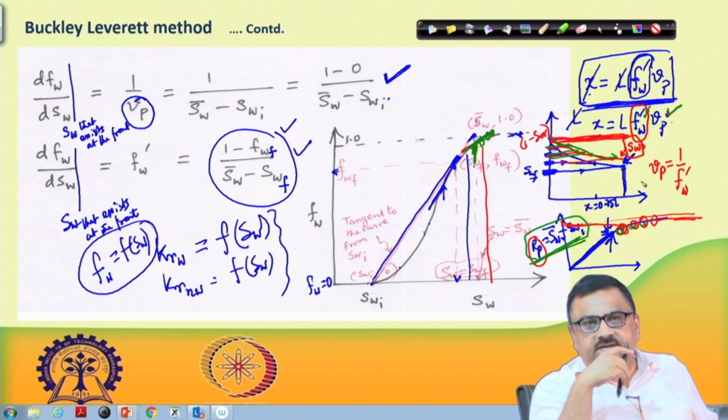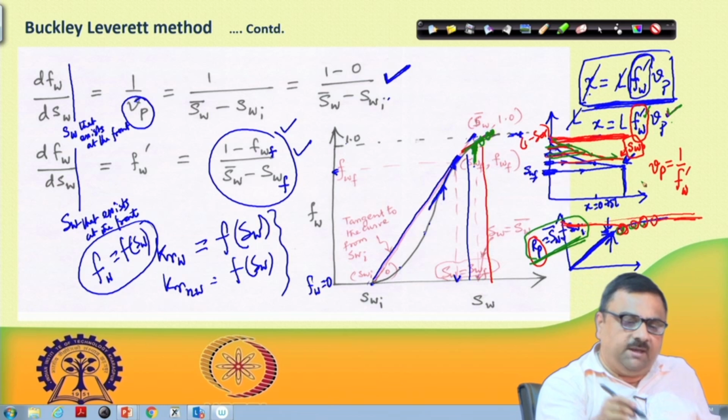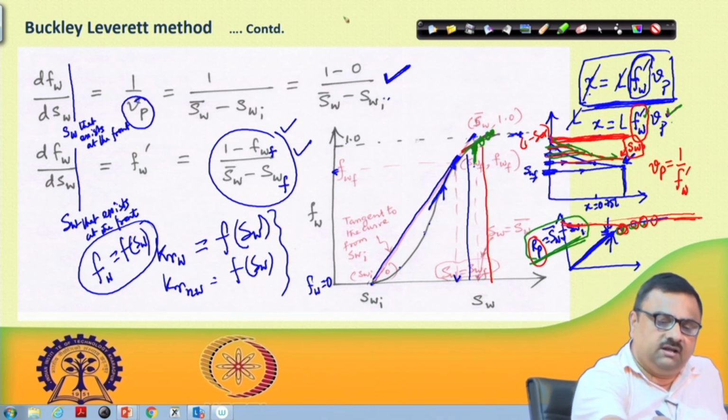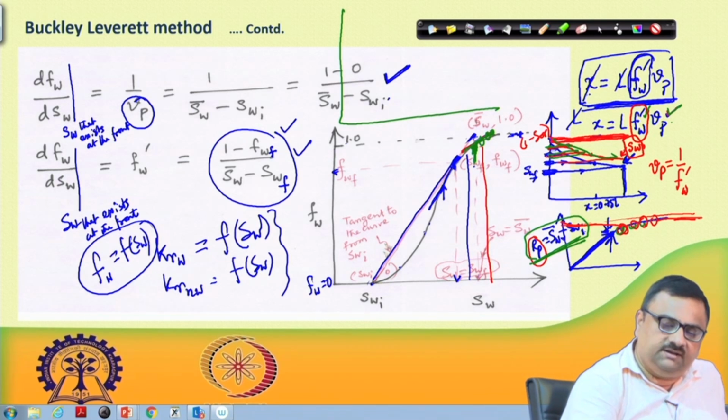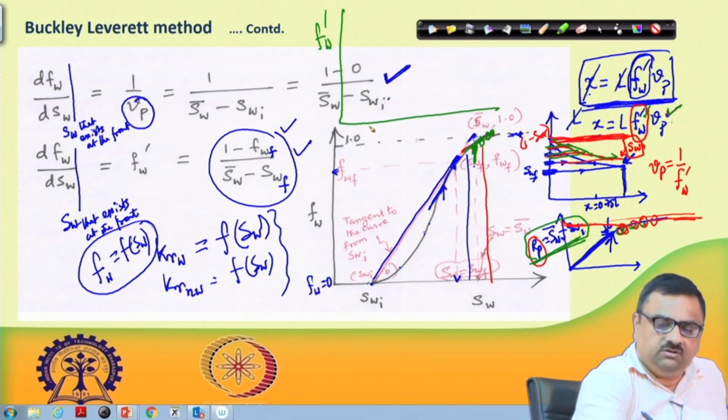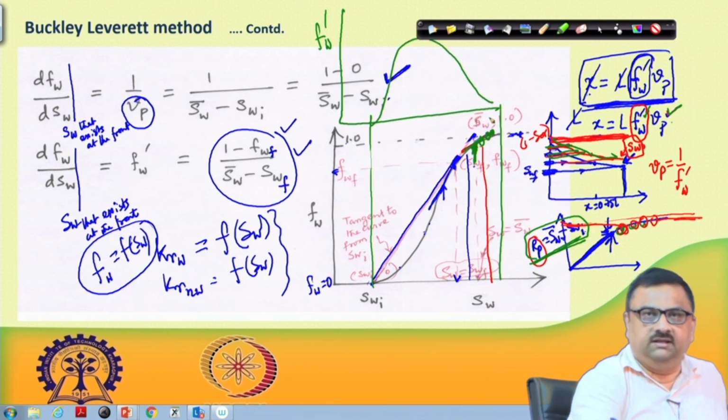So, this is more of a graphical construction, and this construction would be made much easier if parallelly one draws, instead of only the FW SW curve, the FW prime curve also for the same SW. It starts from SWI, ends at SOR, and in between it goes like this and then comes out like this.